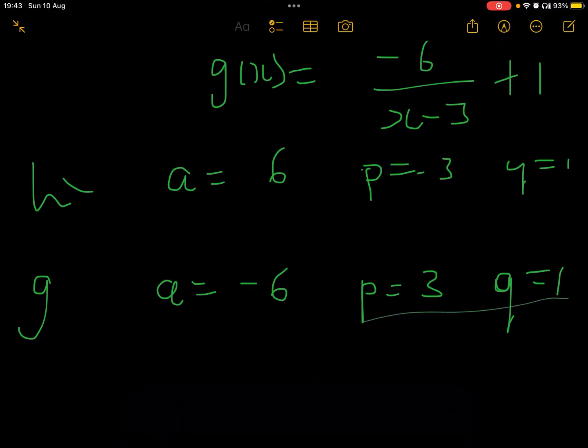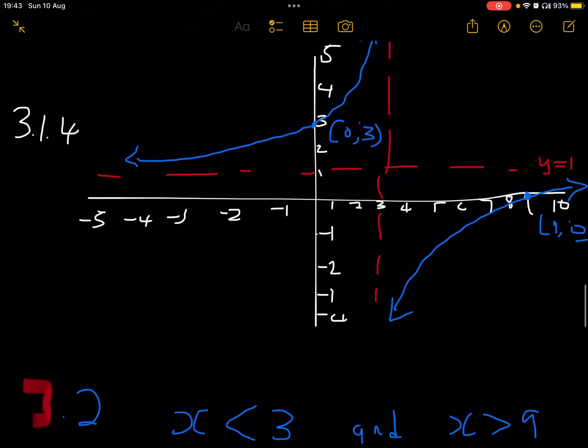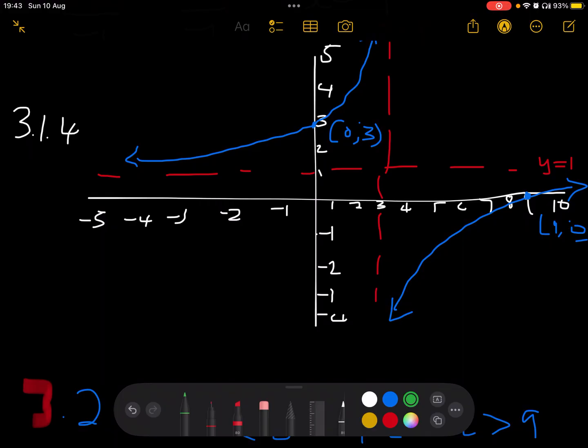So, what change would have happened? Let's start with p, moving p from a negative 3 to a positive 3. I don't know why I start with p, but p is the horizontal shift. Now, if we go back to this sketch here, if we move this vertical line of asymptote 1, 2, 3, 4, 5, 6, we will have moved it 6 units to the left.